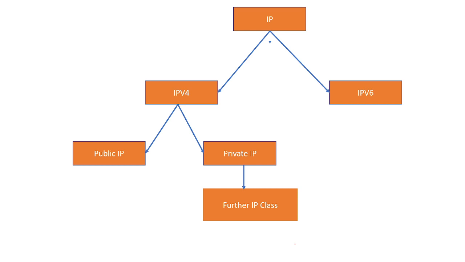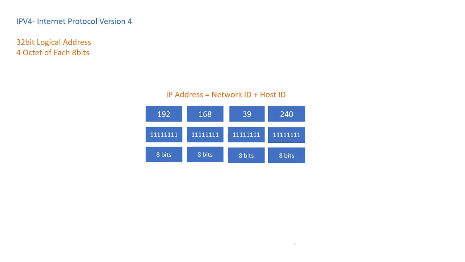This private IP or public IP further gets classified into multiple classes. There are five. Before I go there, let us see Internet Protocol version 4. I told you IPv4 is a 32-bit logical address, and it has 4 octets.